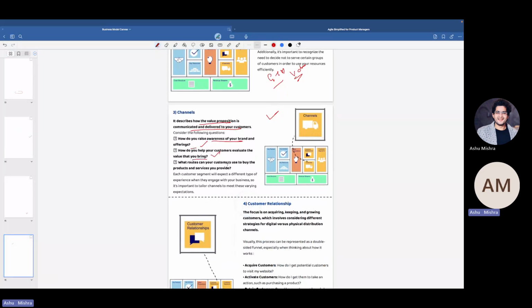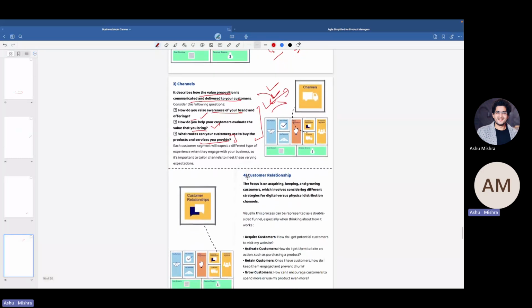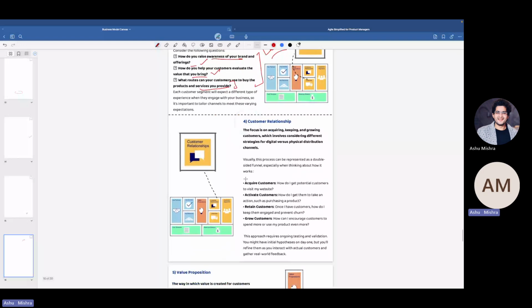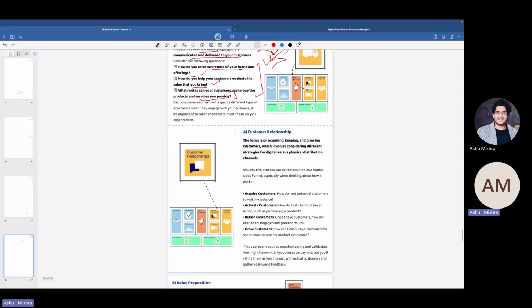What routes can your customer use to buy the products and services you provide, guys? So these are the three questions that you need to ask, right? And these are the channels that will help your customer reach out to you, and vice versa, guys.